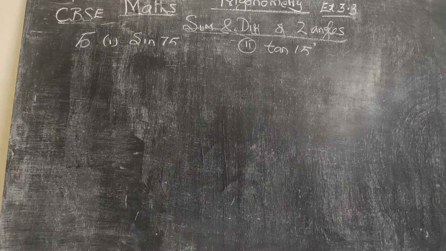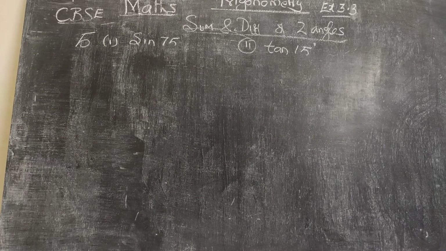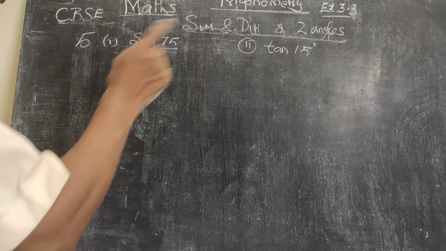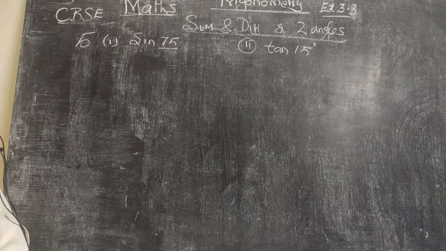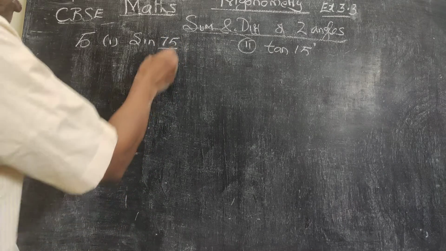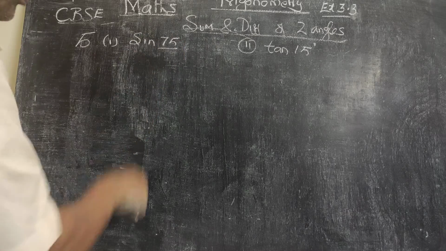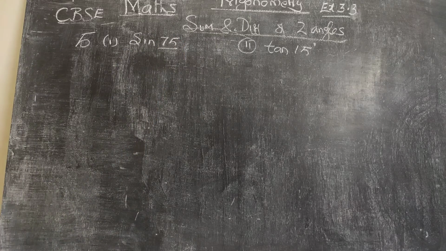Now the fifth one, sin 75. We have to get this in terms of the sum of two values or degrees whose values are known to you. So 75 I can write as 20 plus 55 or 30 plus 45, but 30 plus 45 will be useful because I know both the values.